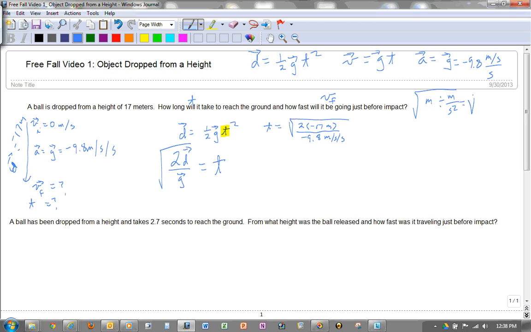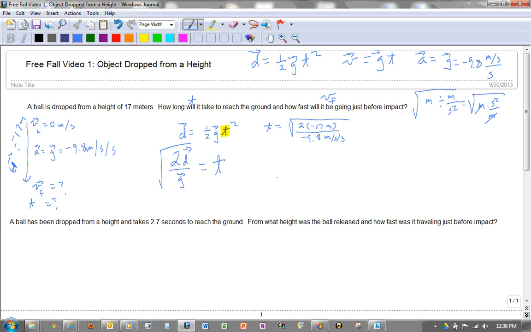So that becomes the square root of meters times second squared over meters. The meters cancel, and of course the square root of second squared is seconds, which is a good thing since I'm looking for t. Notice that I had a negative displacement and a negative acceleration, so it did give me a positive number under my radical, so it's not an imaginary answer.